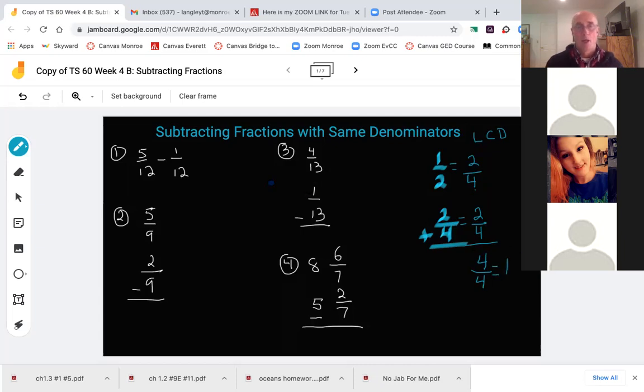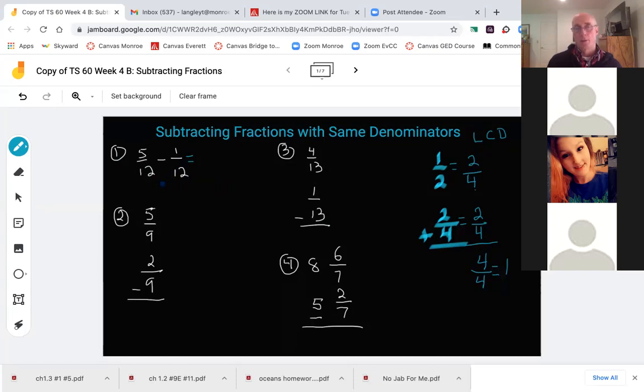Okay. In the example, I have number 1 here on the screen. I know that I'm subtracting. And again, I would encourage you to make things vertical like I did over here in this problem, rather than horizontal.